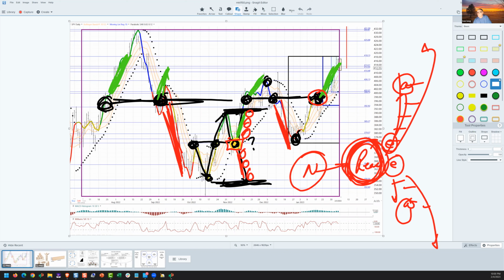Now let's see where we are right now. That's pretty close. From that price level, what has it done? It did this. And it did that and that.